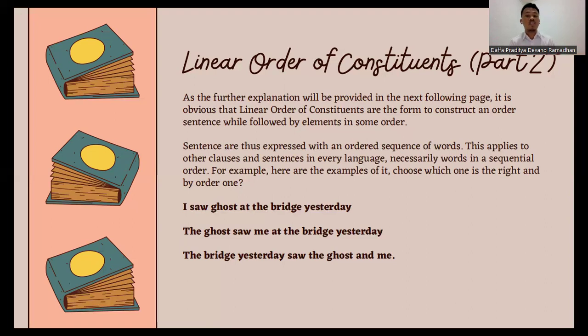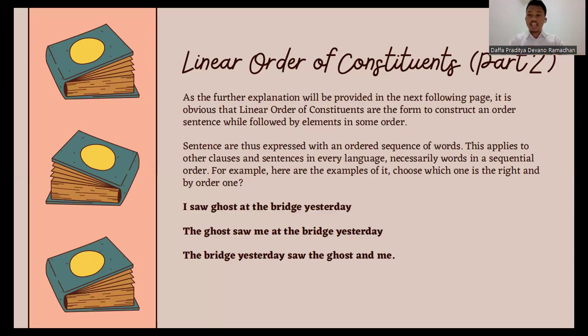And guess which one is the right one. I saw the ghost at the bridge yesterday, the ghost saw me at the bridge yesterday, and the bridge yesterday saw the ghost and me.